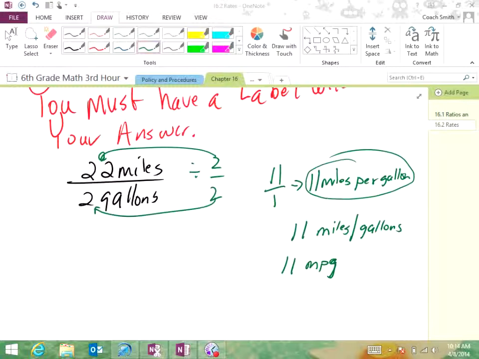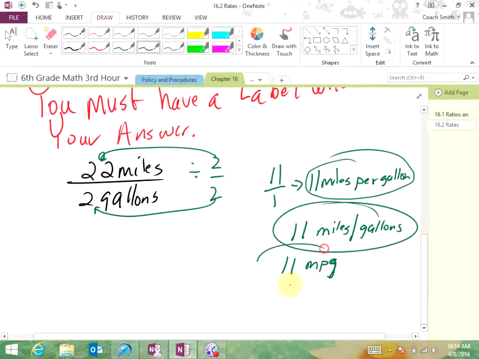They'll say, "Hey, it gets 43 MPG," which means it gets 43 miles per gallon. So any of those three would be acceptable answers. You do not have to have all three of them.